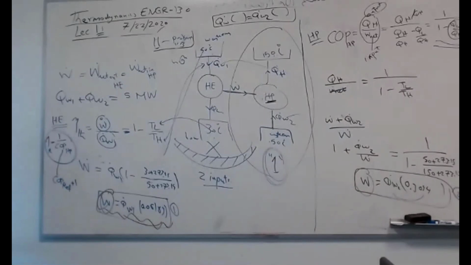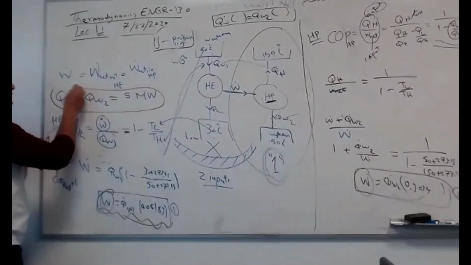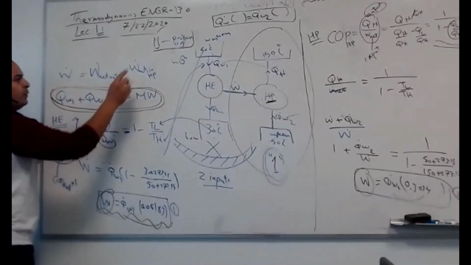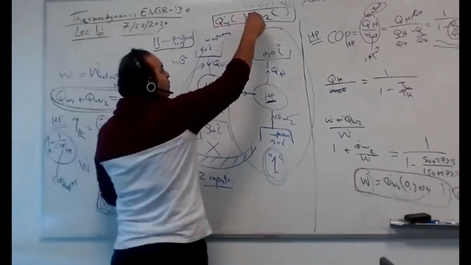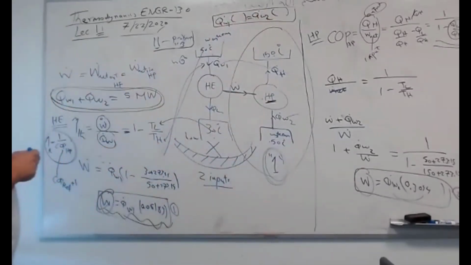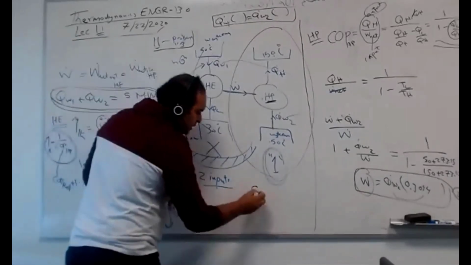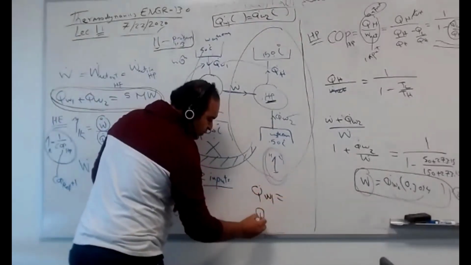So we are ultimately solving for Q dot W1 and Q dot W2. Now we have two equations and two unknowns. Equation 1 here, equation 2 there. Using your calculator, you will find Q dot W1 and Q dot W2.